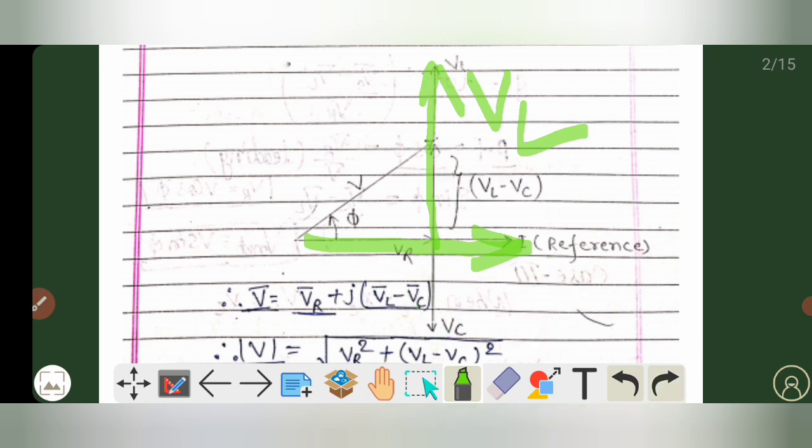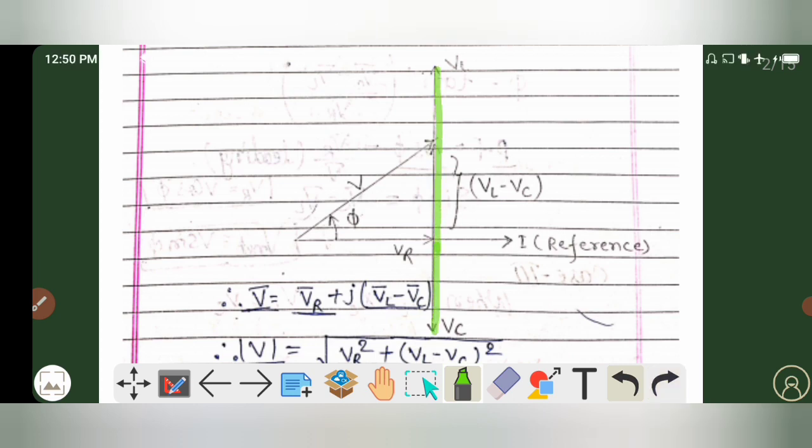Now here we have taken the case that VL is greater than VC. So this is VC and this is the whole VL. If we project this VC to here, then that will come out to be VL minus VC. Now, as we know, the voltage and current in case of a resistor are in the same phase.